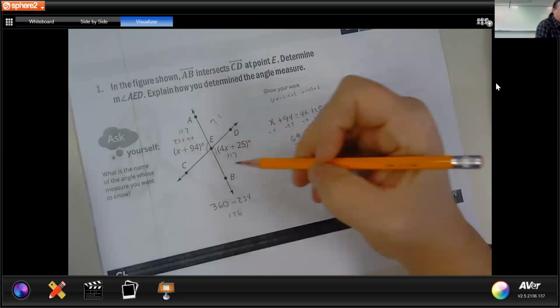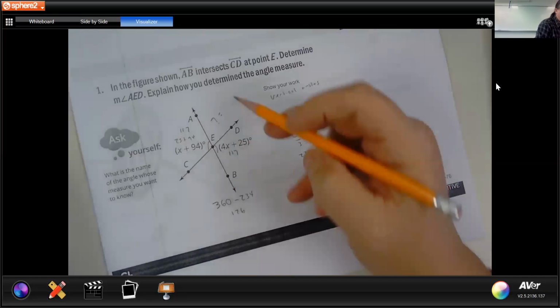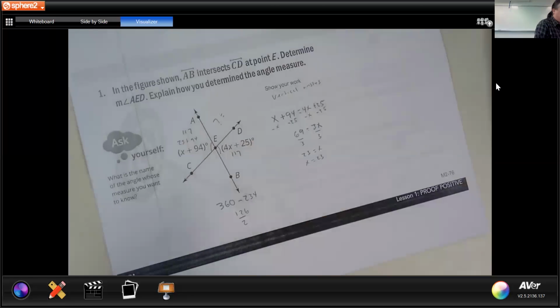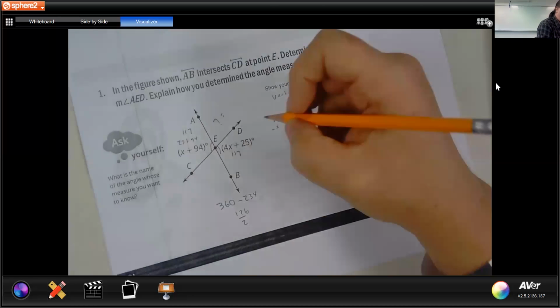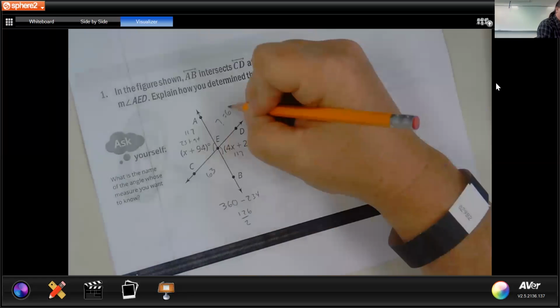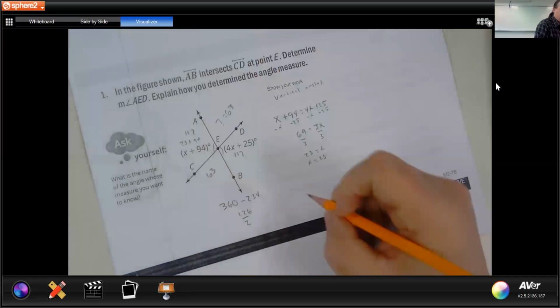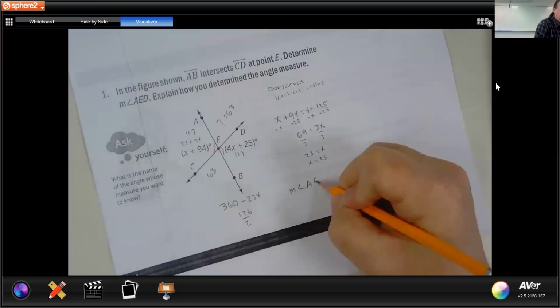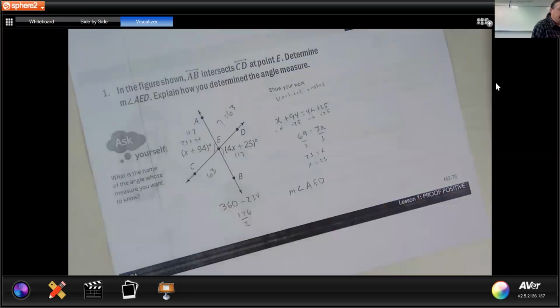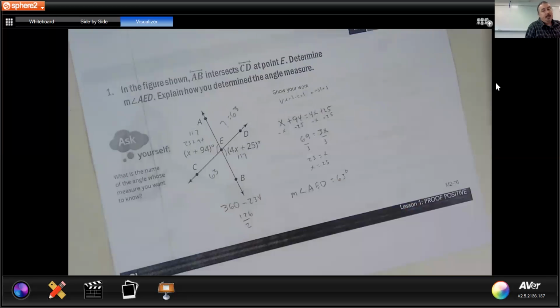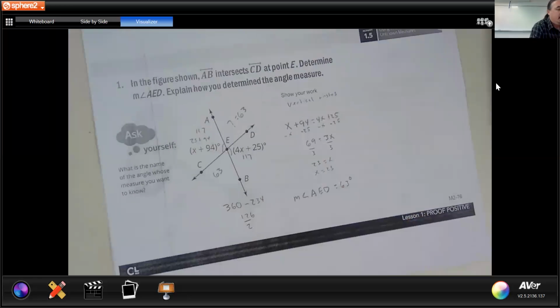So I know there are 2 angles left. We're going to divide by 2 because they're going to be exactly the same. And that gets us 63. So I know this angle here is 63 degrees. We know that this angle here is 63 degrees. So the measure of angle AED equals 63 degrees.